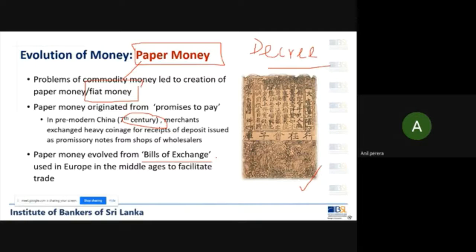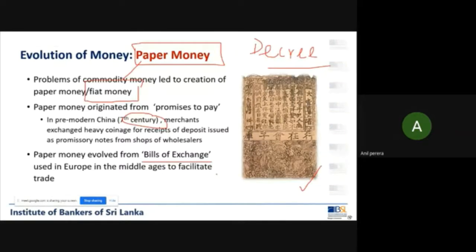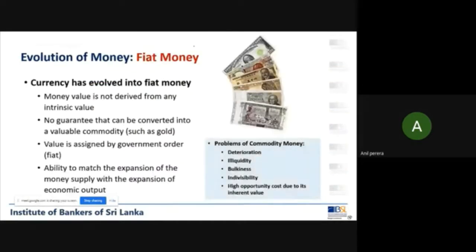What you use today as paper money originated from these bills of exchange used in Europe in the Middle Ages. So why was this paper money used? Now we use the term fiat money, because I already mentioned to you paper money is simply fiat money. Fiat money or paper money is not derived from any commodity, which means there is no intrinsic value of fiat money.